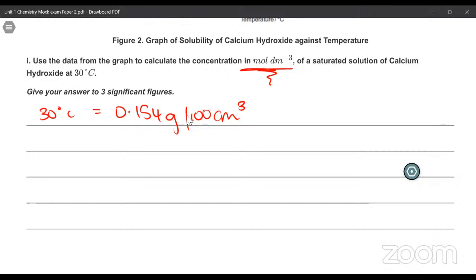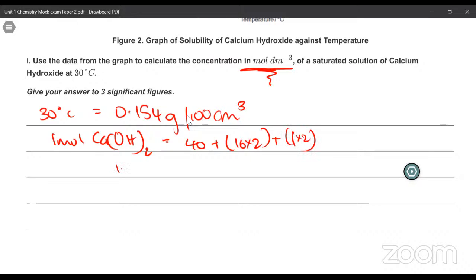All right. So 1 mole of calcium hydroxide, Ca(OH)2, is equal to calcium is 40 plus 16 times 2, because the 2 is out here, plus 1 for hydrogen times 2.